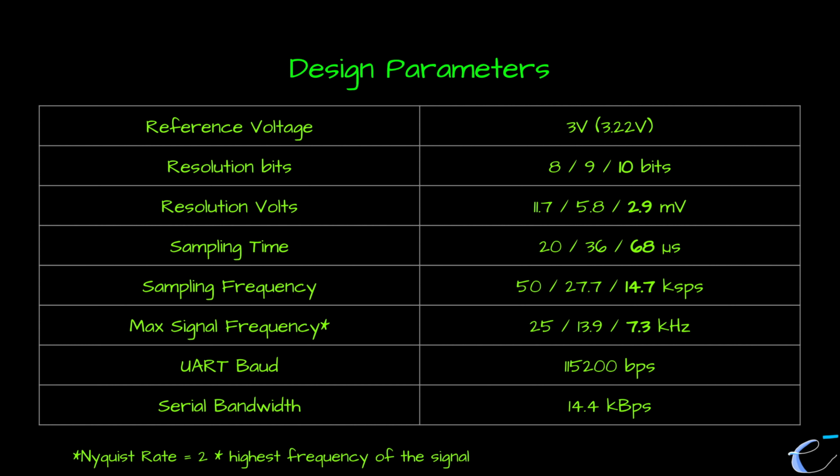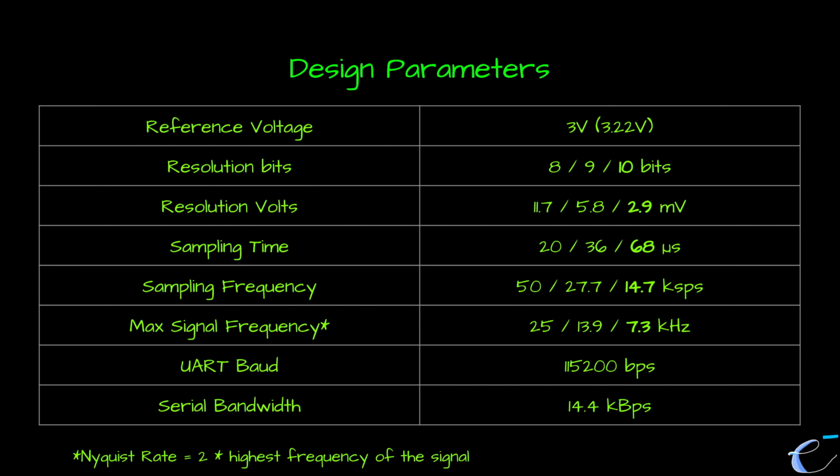So if we want a good representation of the signal wave on the oscilloscope screen, the signal frequency should not be more than 7.3 kilohertz. Now this works well when we have a continuous sine wave kind of signal. If it is something like a square wave, normally the signal frequency would need to be 1/3 or 1/4 of the actual sampling frequency. However, this is still not an issue for us.